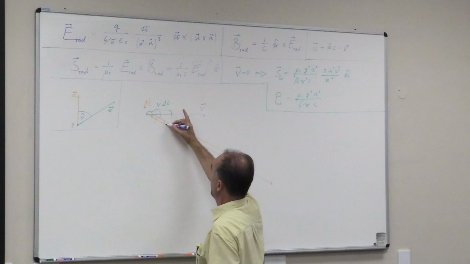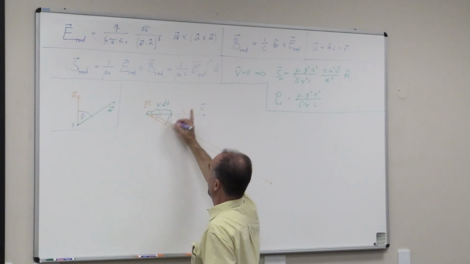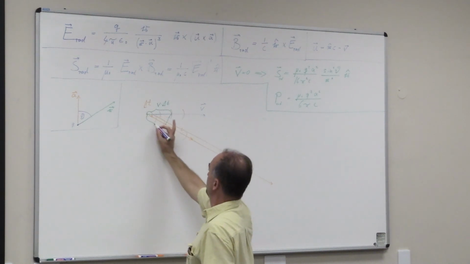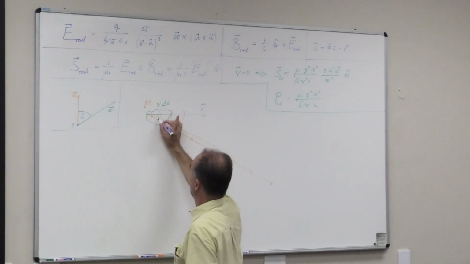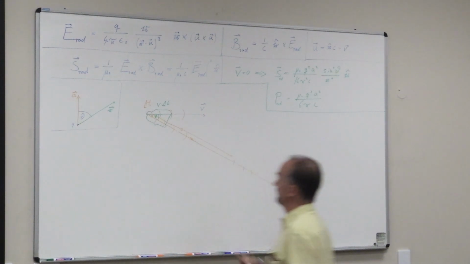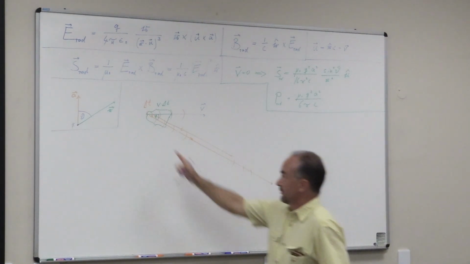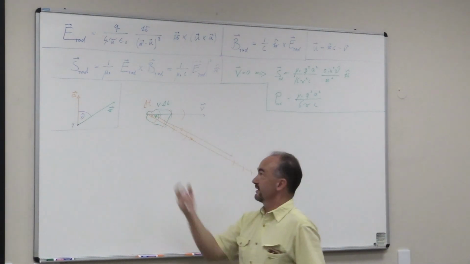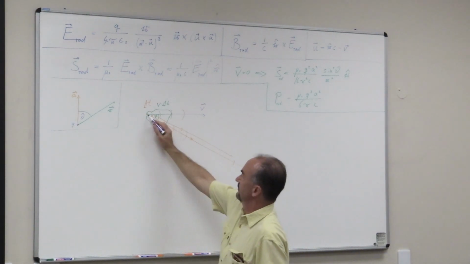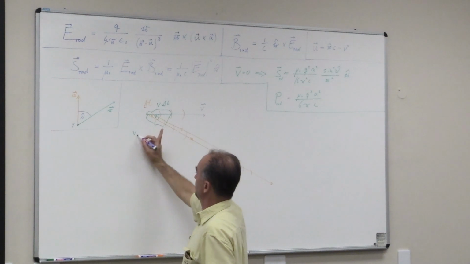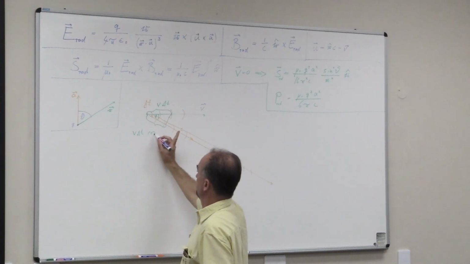If we are looking at some angle theta, the distance that the light has to travel less is this distance here, which is v delta t times cosine theta.